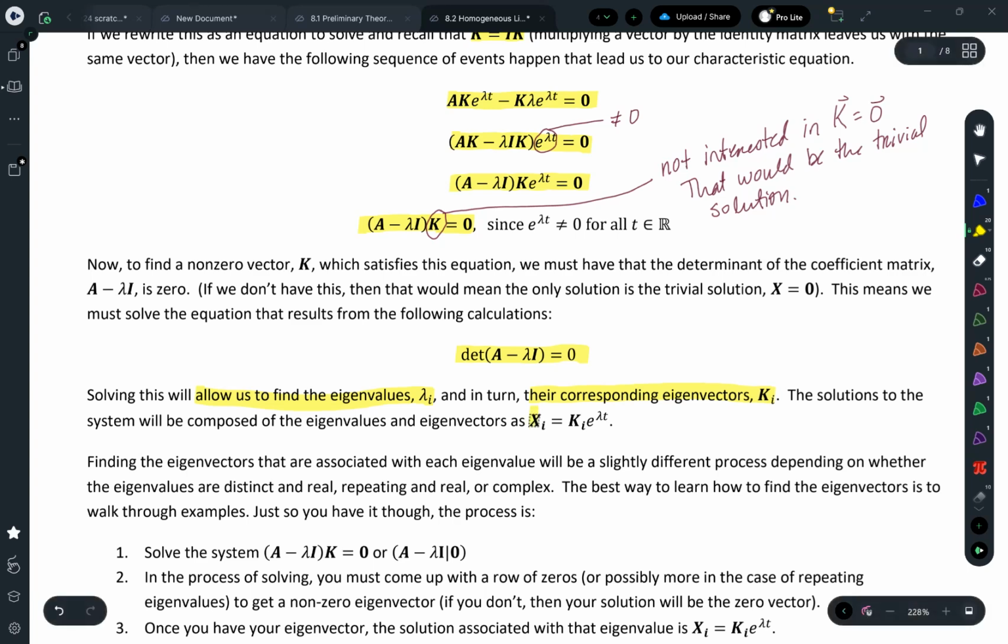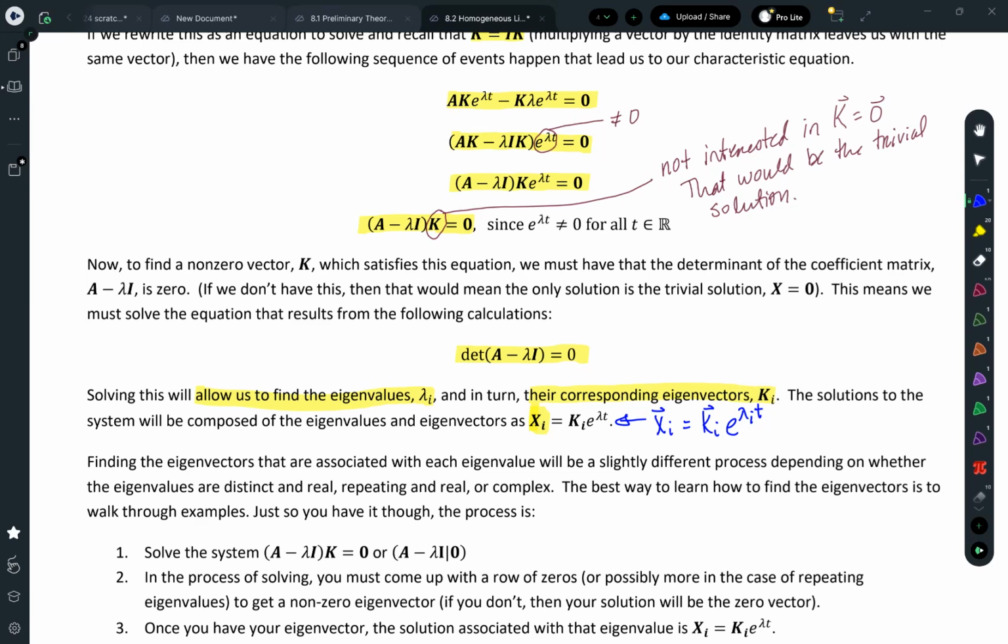What that means is that each solution, x sub I, will be equal to its corresponding eigenvector, k sub I, times e to the lambda I t. Let me write that a little bit better. This should be x sub I is equal to k sub I times e to the lambda sub I t.